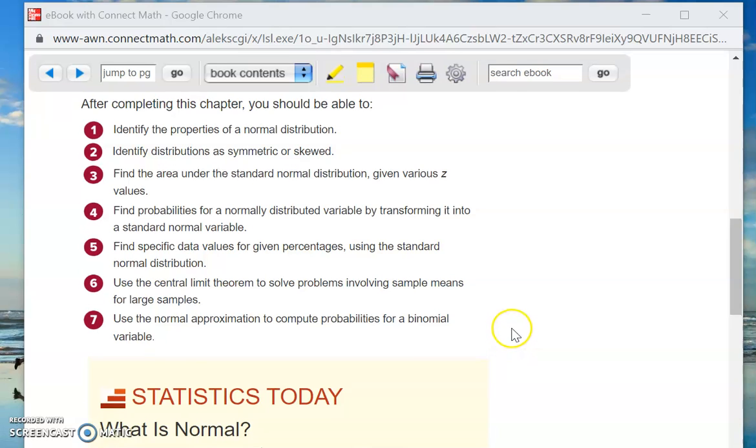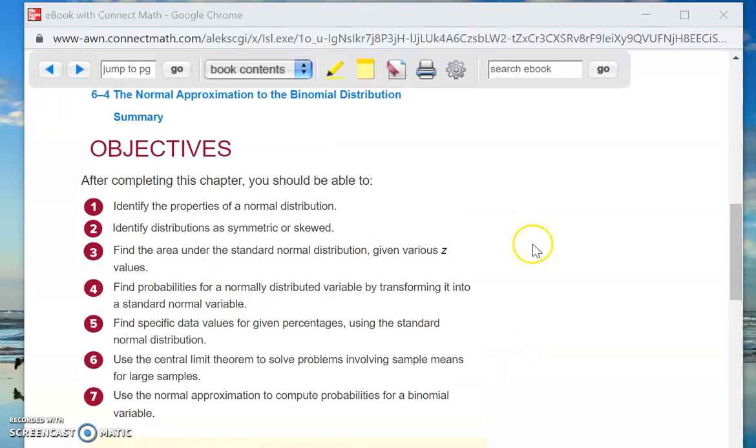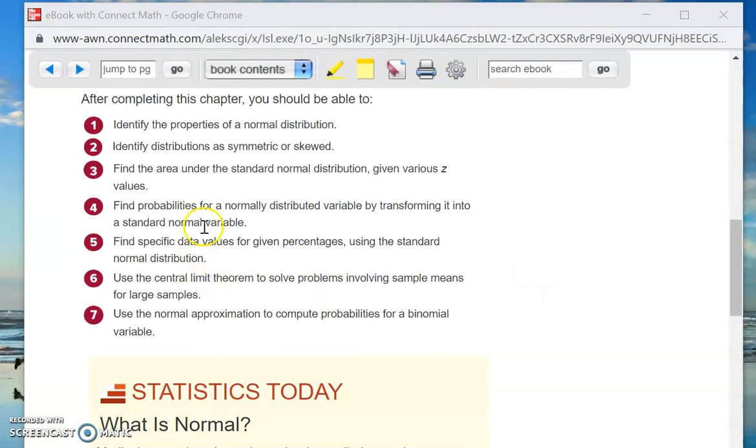I would say the most important objectives that we have is this area here, talking about the probabilities of a normally distributed variable by transforming it into a standard normal variable. So remember, I have not talked about this before, but there's a concept called a mapping.